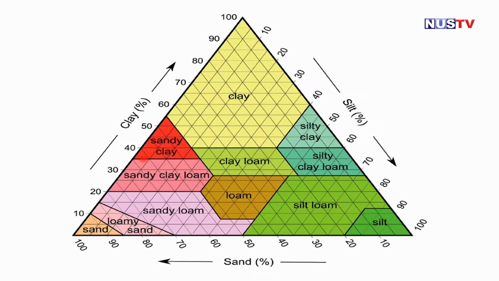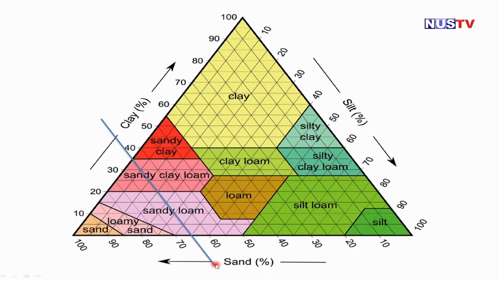So here is the texture triangle, and we use the number and the percentage of sand, silt, and clay to find out the texture class. The sand is 65, so the sand is down here, 65 is somewhere around here, and we are expecting the line at this point. Yeah, there it is.